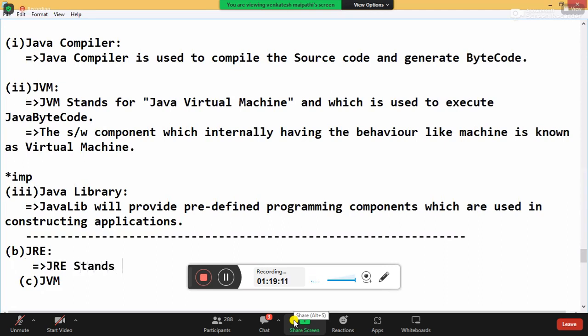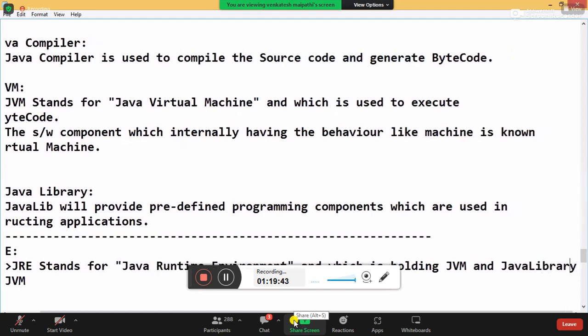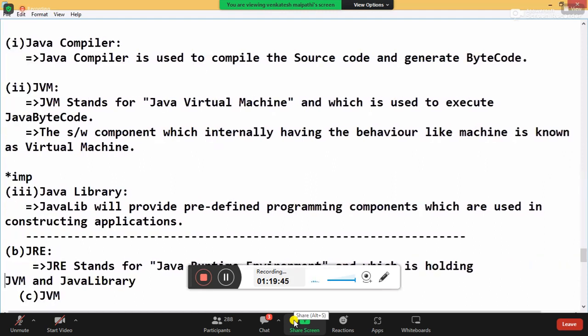JRE stands for Java Runtime Environment, and it holds JVM and the Java library.